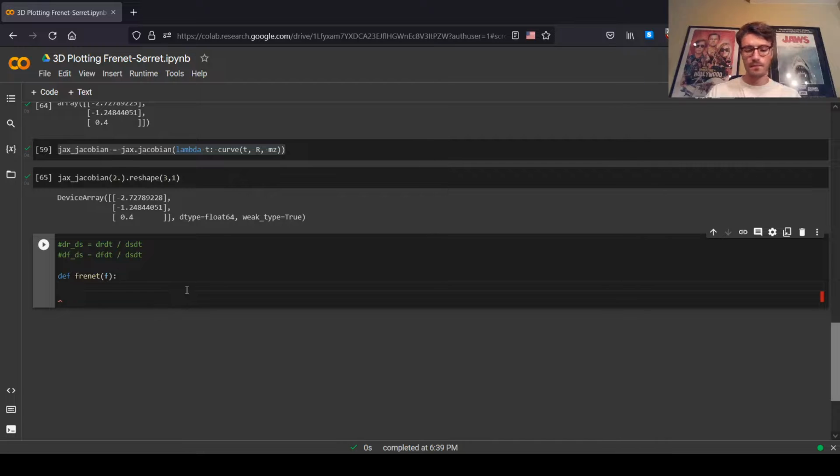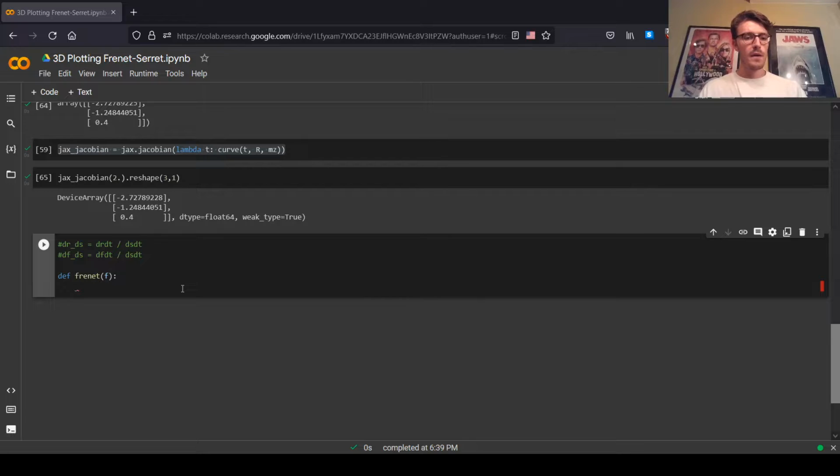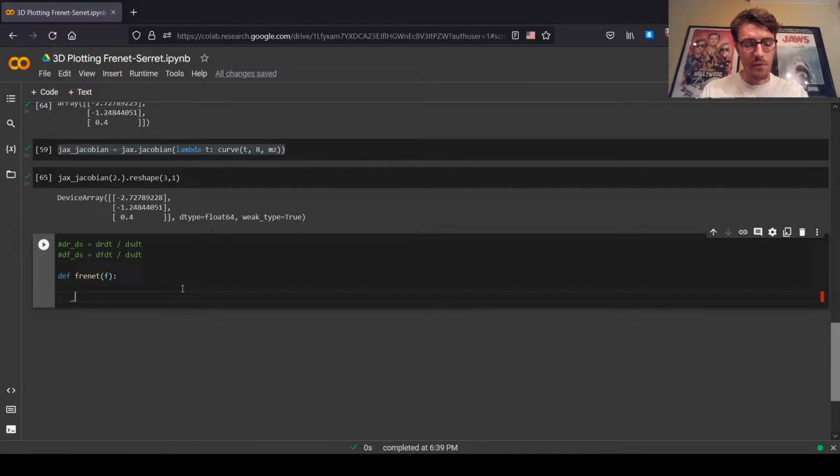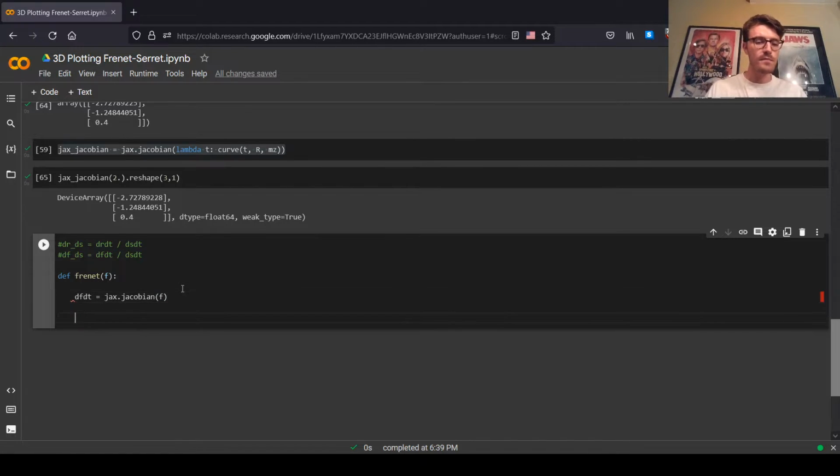Okay, characterizing this df dt, well, when we supply our function, it'll be very easy for us. We can just take the Jacobian of this function, and we're going to be able to use this when calculating our tangent curve.